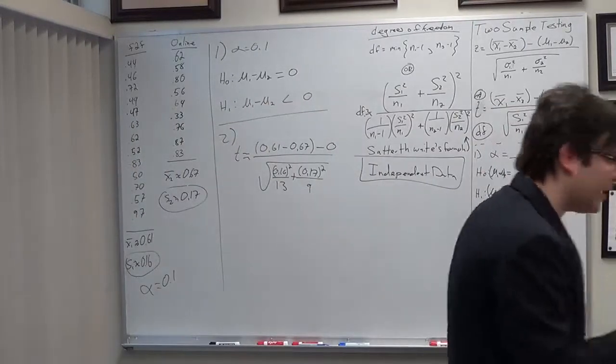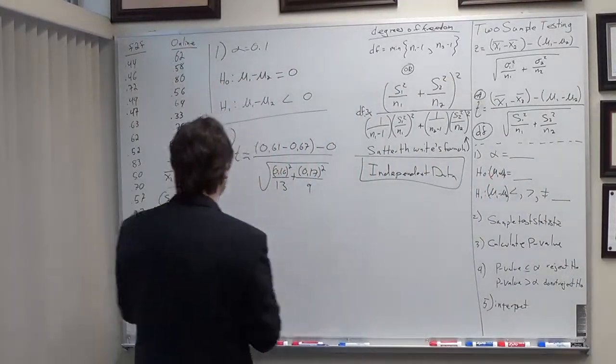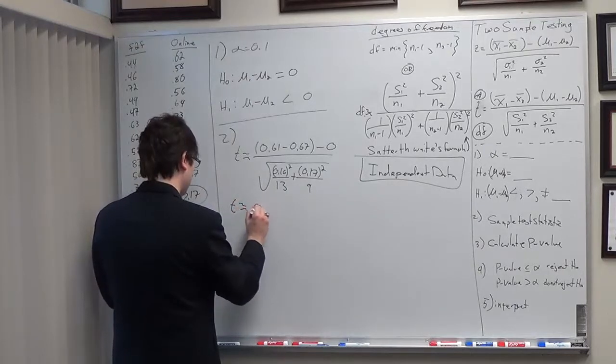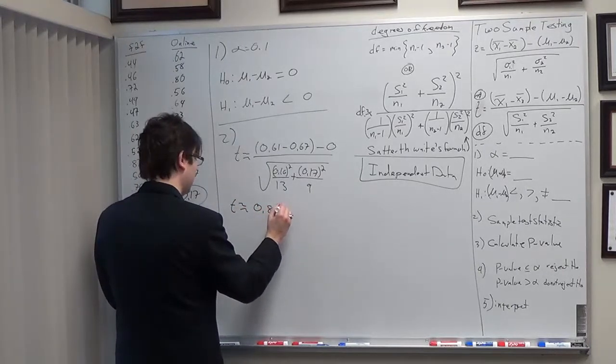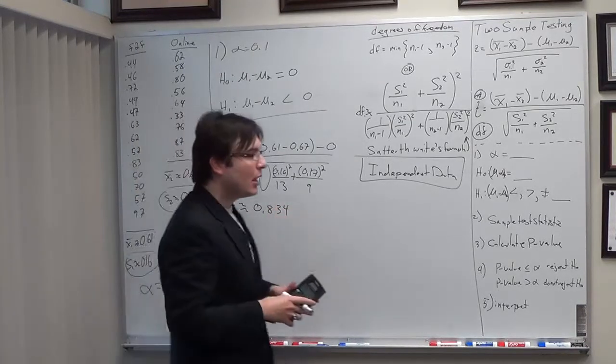And here in this case I am getting 0.8336 for my t-statistic. Maybe we would normally round to 4 or 3 decimal places here.